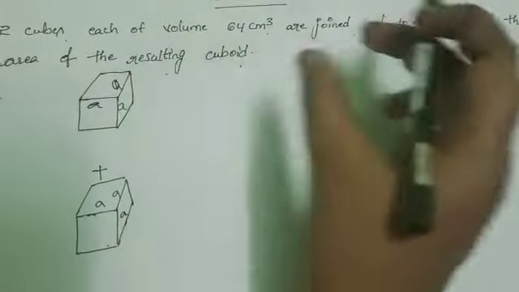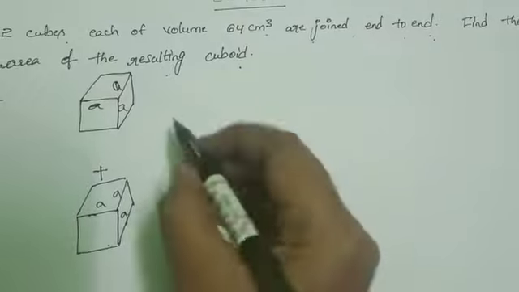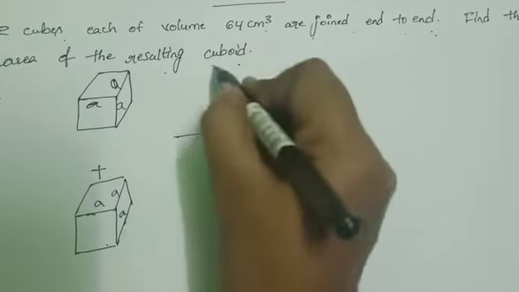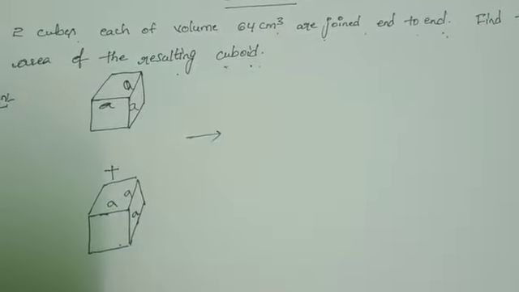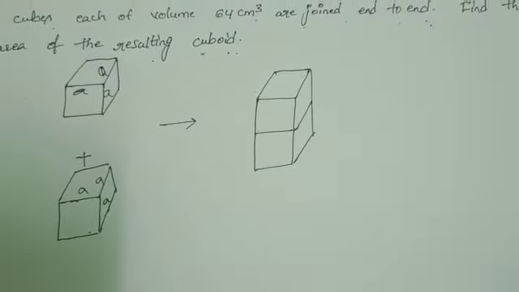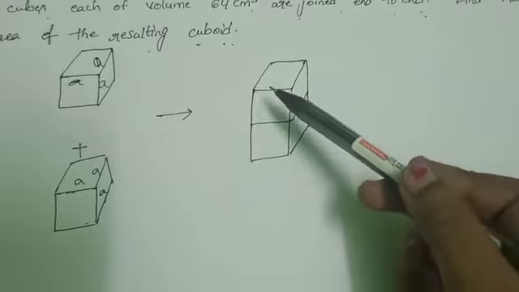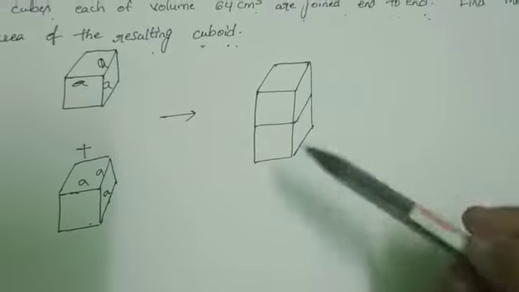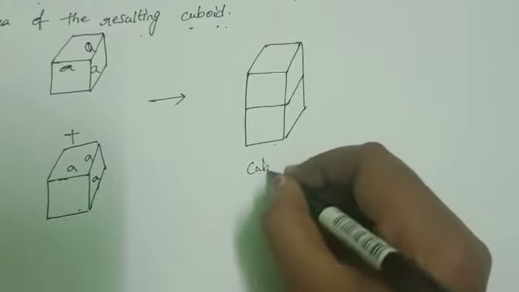The two cubes joined end to end, resulting we get a cuboid. Join these two cubes. The resulting figure is a cuboid.